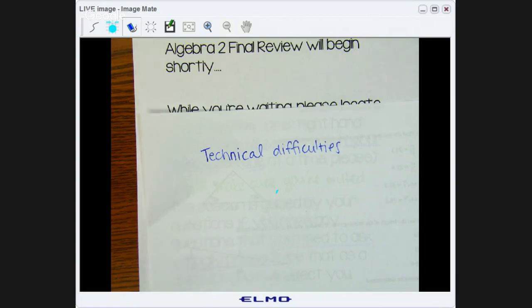What are you struggling with the most? Because you're supposed to come prepared to this with questions. Yeah, polynomials. Polynomials. Yeah.